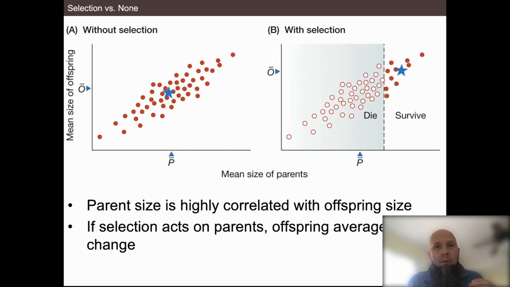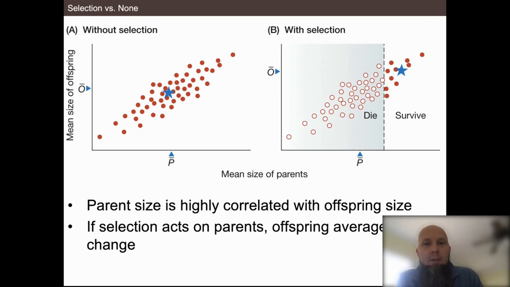What that means is the average of the offspring is going to be pretty high, the average size. And it's going to be higher than that original parental average, where this P is down on the x-axis. That was the original average of the parental population, okay? But because of differential survival, the average of the parents that actually bred and had offspring is shifted far to the right, okay?